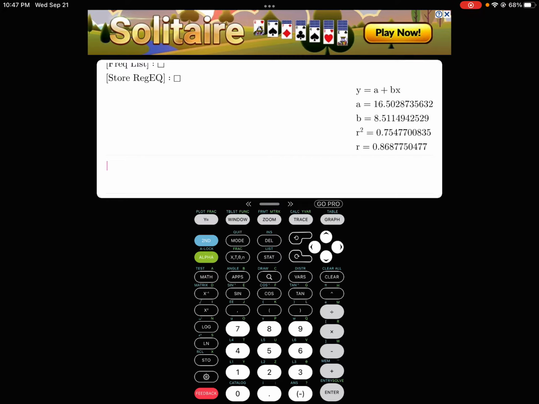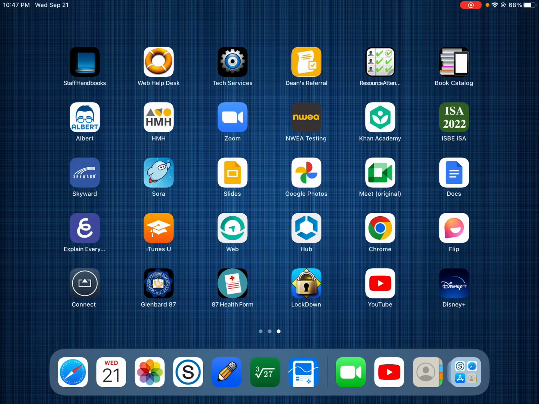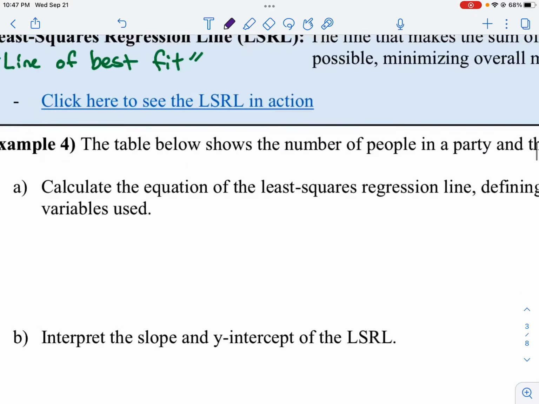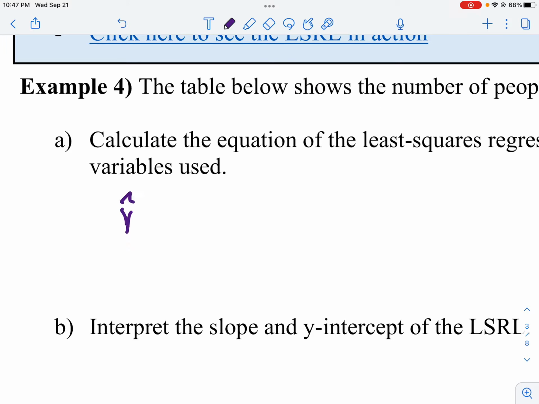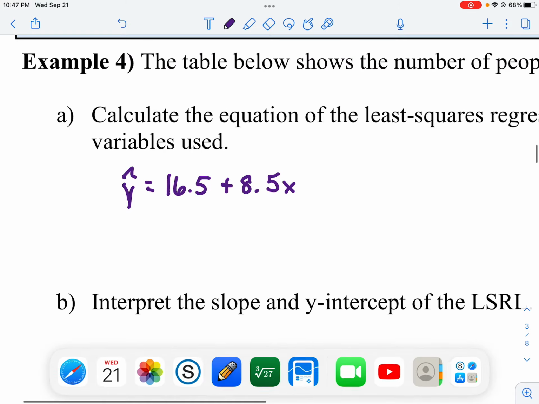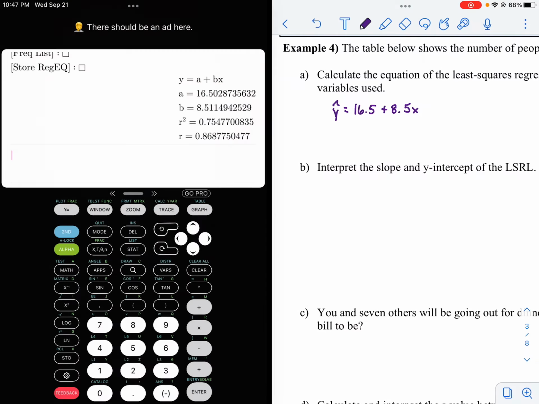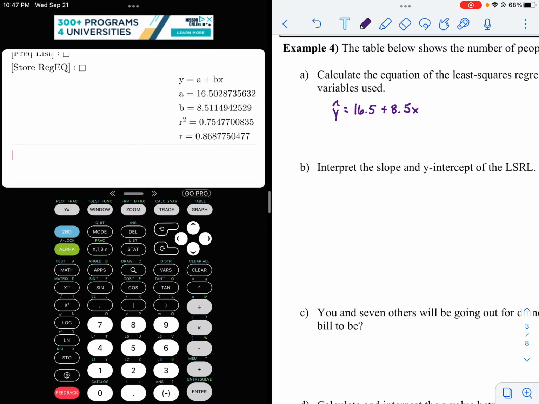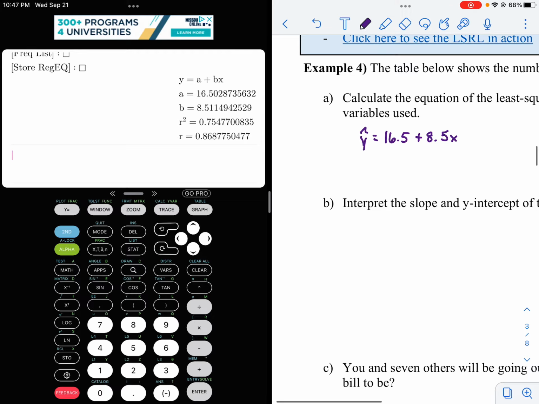So 16.5 and 8.5 are two values. So again, y hat equals 16.5 plus 8.5x, just taking those numbers from the calculator. Y hat equals a plus bx, but I want to define my variable.